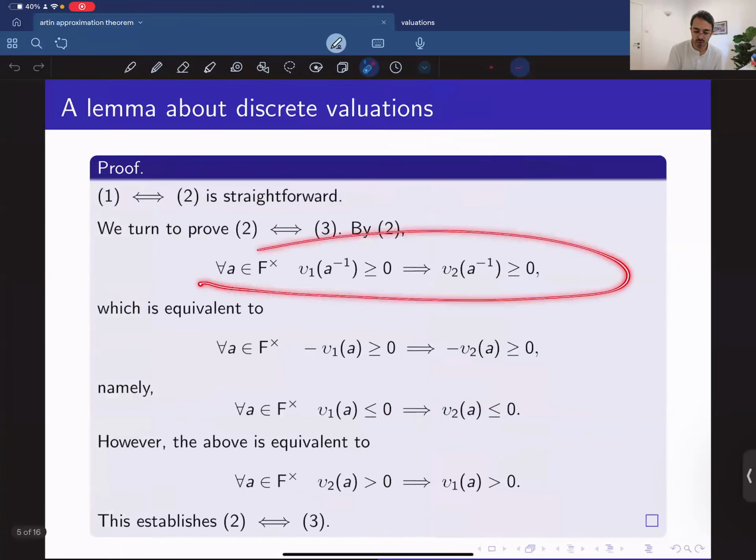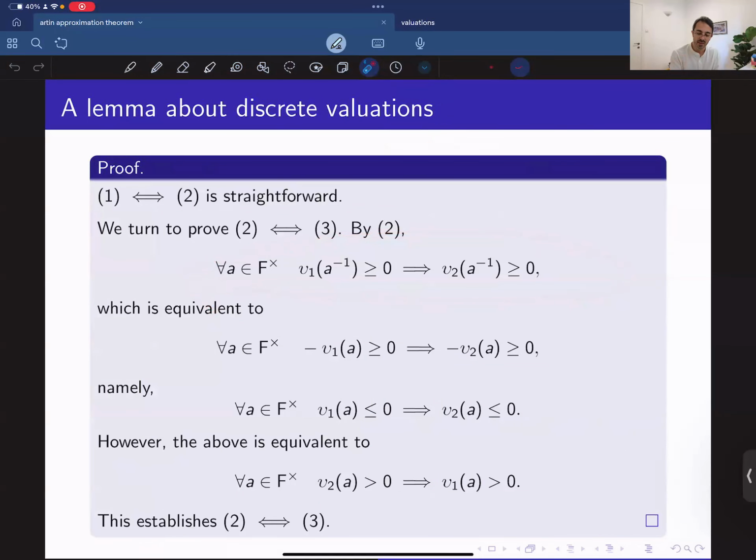So 2 is equivalent to saying that for every non-zero element A in the field, the valuation of A inverse is larger or equal than 0 implies the second valuation of A inverse is larger or equal than 0. Just because when you go over all elements with inverses, it's the same thing as going over all elements.